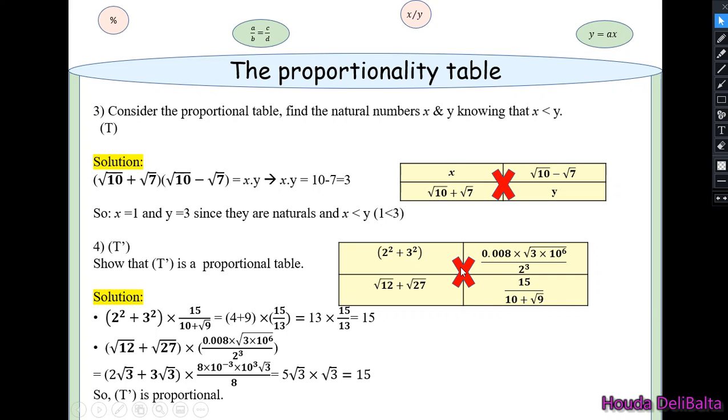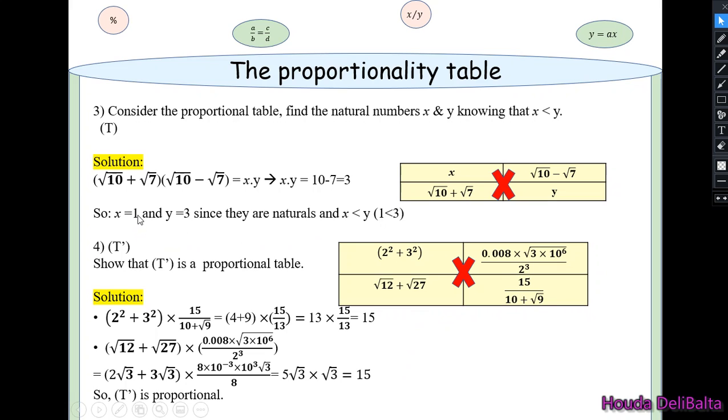When tables are divided into 4 parts only, you'd better use the cross multiplication method as you see here, doing some calculations, and you will definitely get the same answer. Whenever you get the same answer, then you prove that the table is proportional.